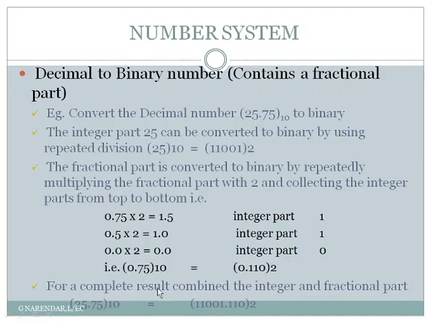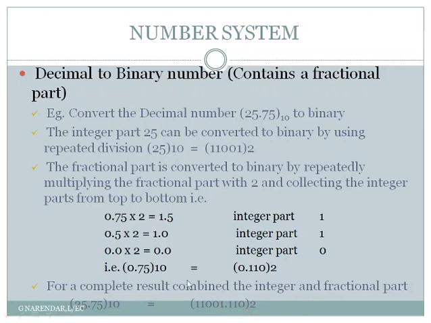Now for a complete result, you have to combine the integer part and fractional part. So 25.75 decimal is equivalent to, for 25 we got 11001, and here you put a binary point, and after that for .75, which is the fractional part, we got 110, so we put 110 there.